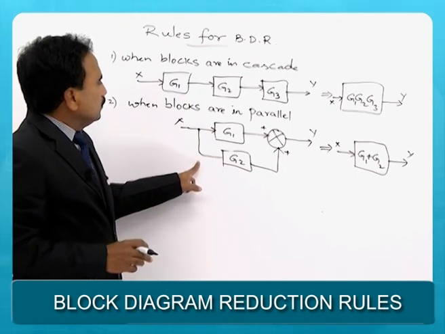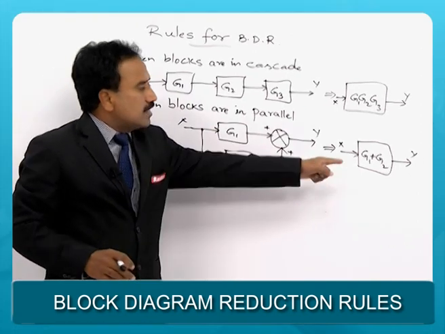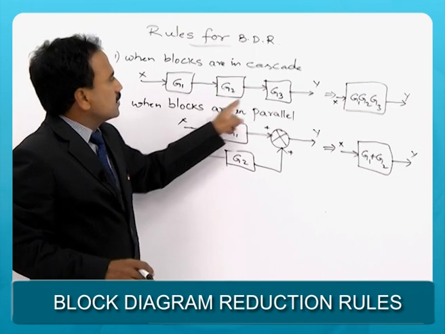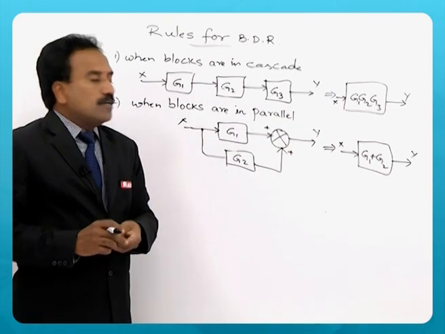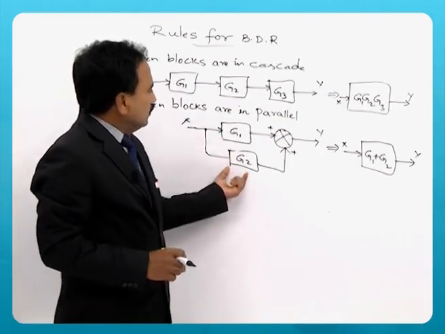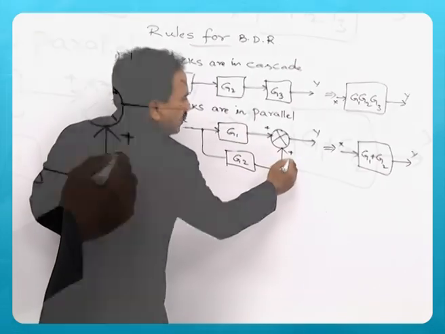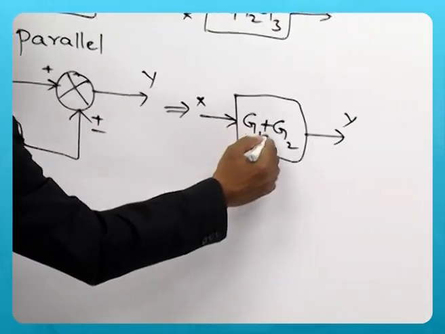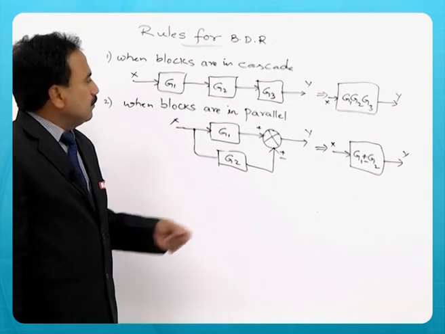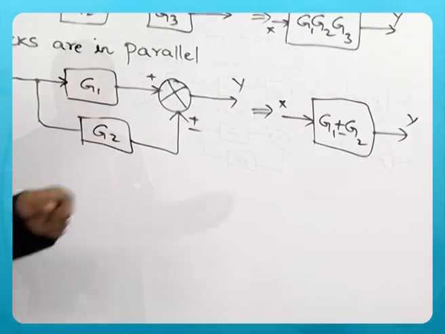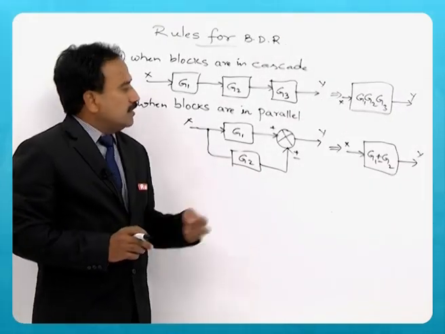So, this is rule 2. When blocks are in parallel, it is addition. When blocks are in cascade, the resultant gain is the product. So, you can see that G1 and G2 are added. Suppose if the sign is minus here, then it is minus here. So, at the summing point, two signals are added or subtracted depending on the polarity.